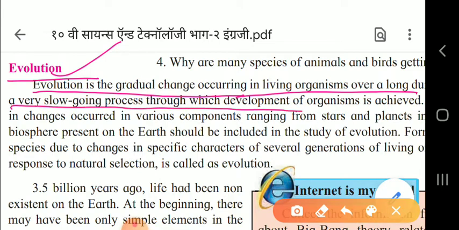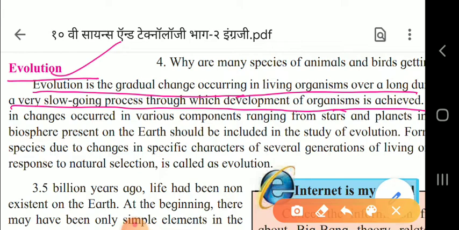That means like our ancestors, the monkeys, gradually changed, and afterwards became human beings. We don't have the tail, we don't have so much hair growth on the body. All these changes occurred.